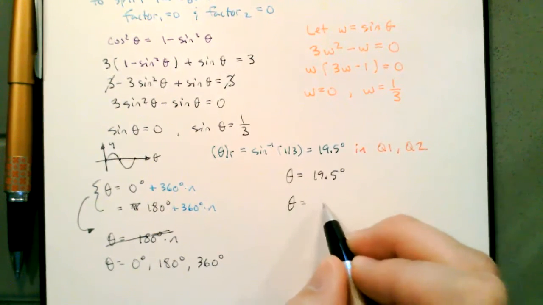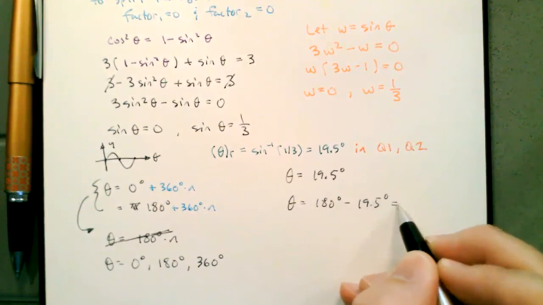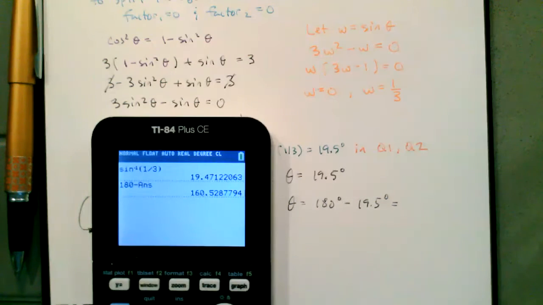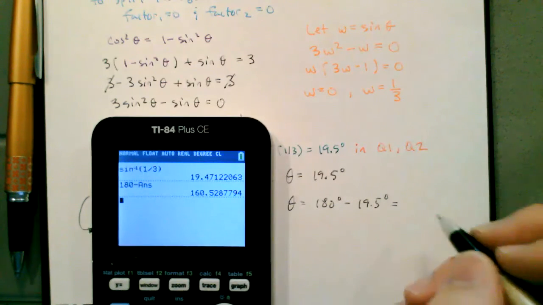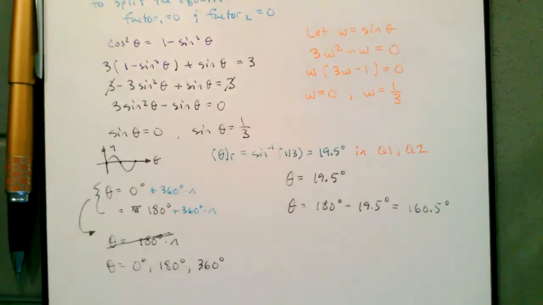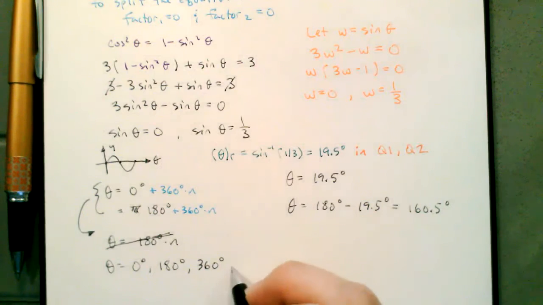So that'll be 180 minus the 19.5, so 160.5. I'm going to remember that I restricted the solutions to between 0 and 360. So here are my two more answers, 19.5 and 160.5.